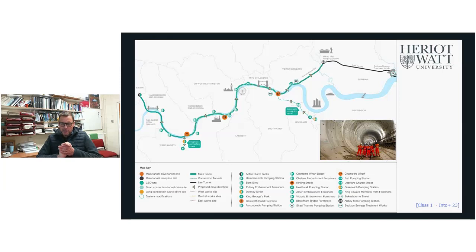Now, other cities have taken a different approach, and I think the example we'll look at next week is Philadelphia. What they've done is they thought, well, the problem here isn't really the sewer not having enough capacity, which of course is the problem really, but rather than making the sewer bigger, perhaps we should reduce the flows going into it.